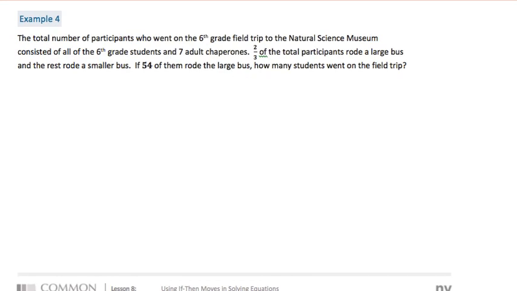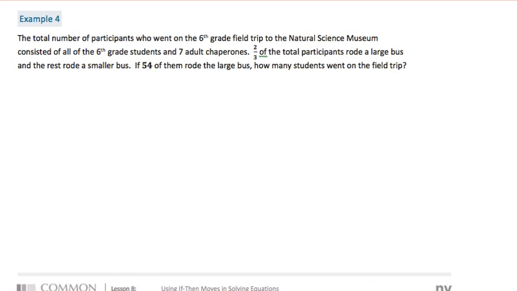And our final example, the total number of participants who went on the 6th grade field trip to the Natural Science Museum consisted of all of the 6th grade students and 7 adult chaperones. 2/3 of those participants rode a large bus, and the rest rode a smaller bus. If 54 of them rode the large bus, how many students went on the field trip?